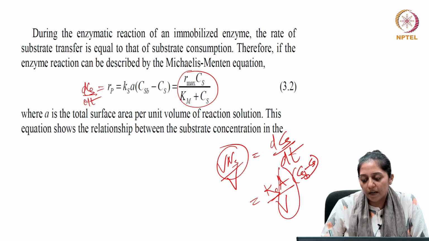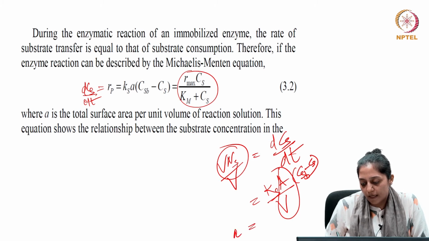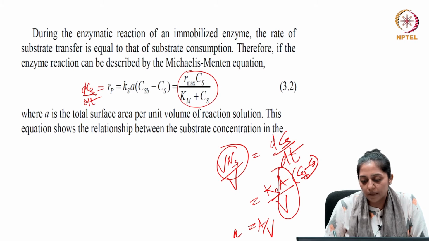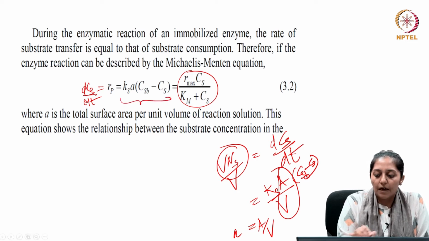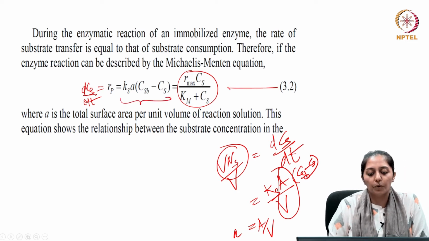Now, A by V here can be written as small a, where V was the volume of the reaction and A was the surface area. So, then this equation can be represented as shown here in equation 3.2.